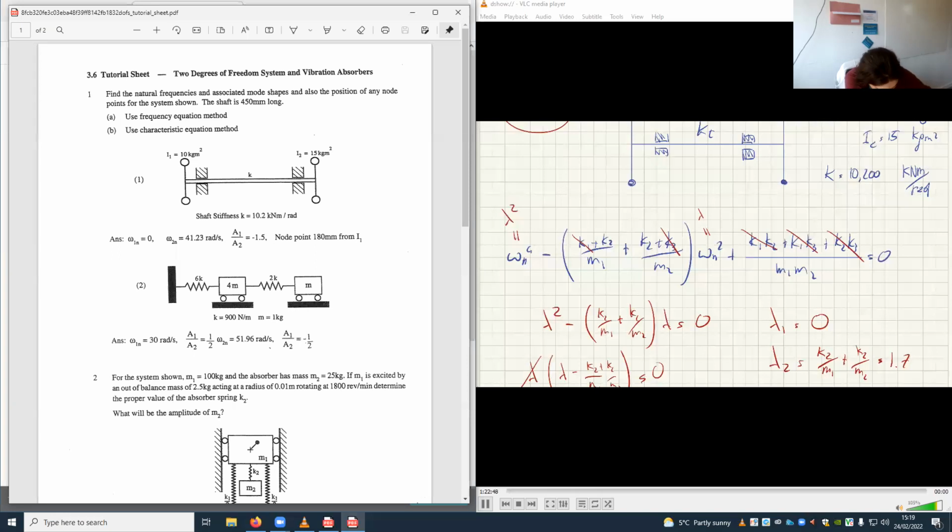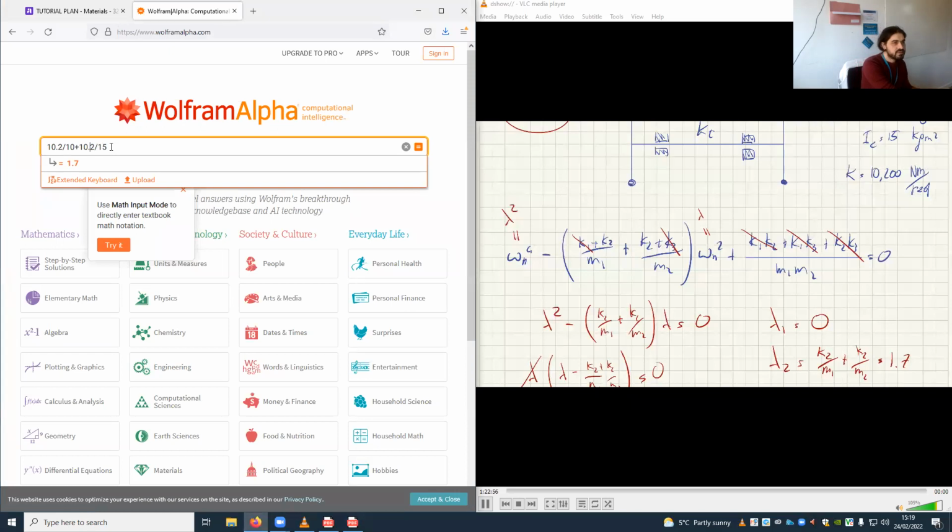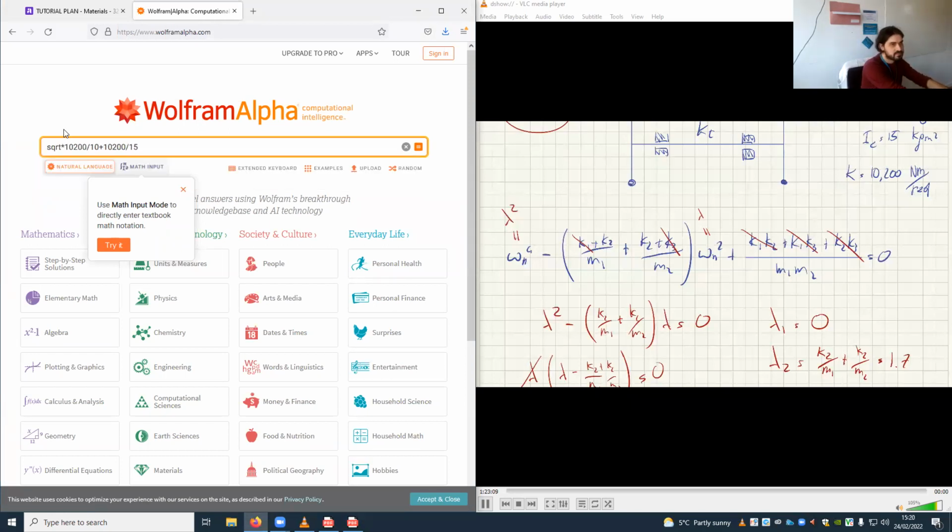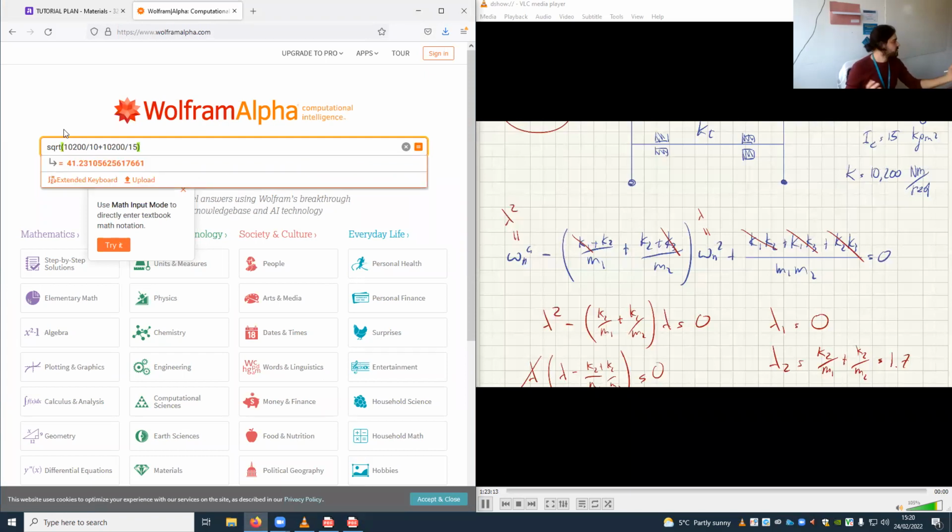There you go. And so let me just rearrange this. This is 10,200 and 10,200. And this becomes 1,700, for which the square root is 41.23.